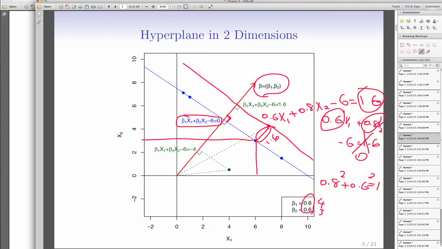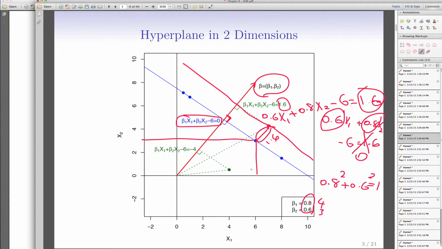So in a sense, any point you have on the top right of this line can be defined as beta 1 x1 plus beta 2 x2, the same coordinates of this line, equal to the distance of it in a positive way.